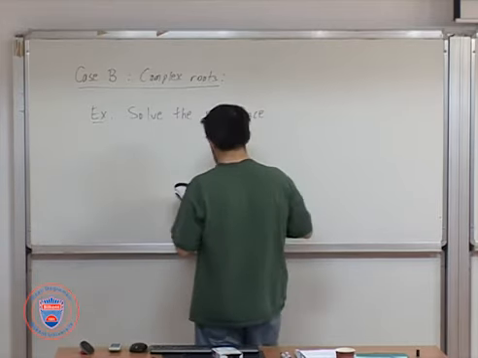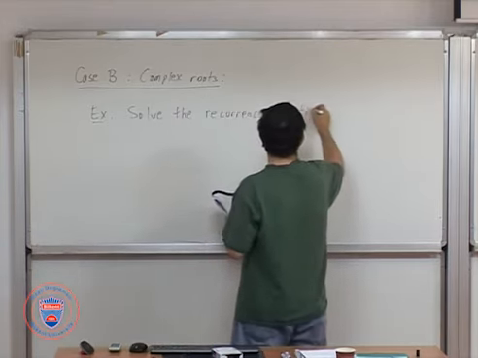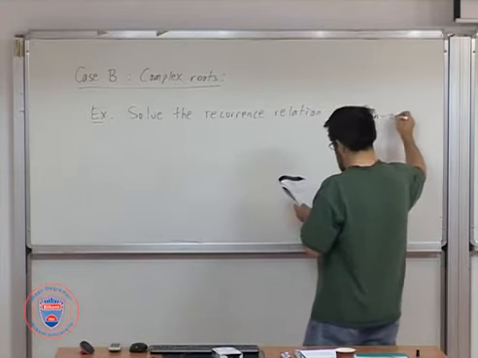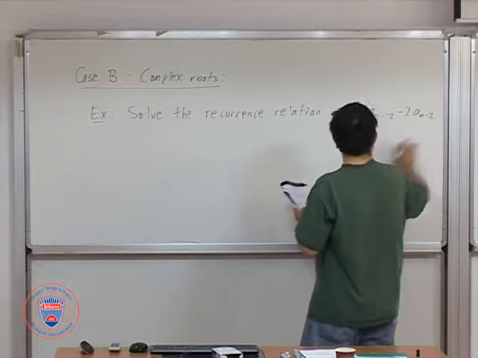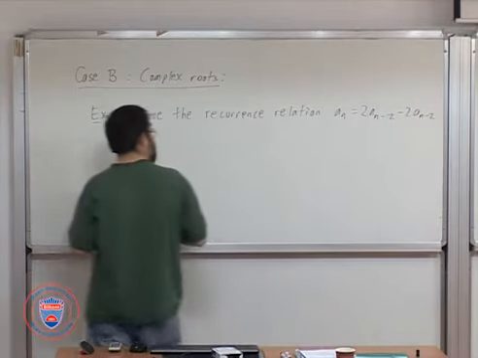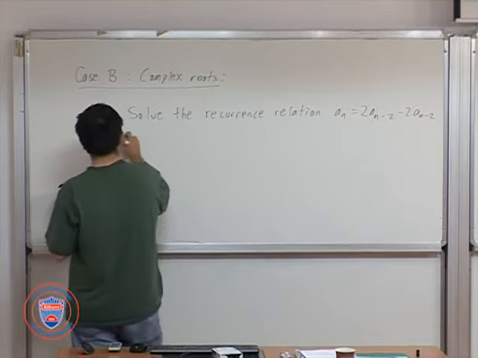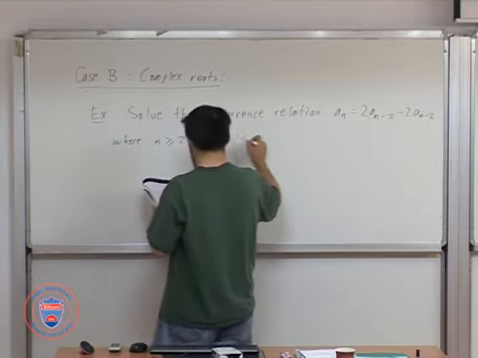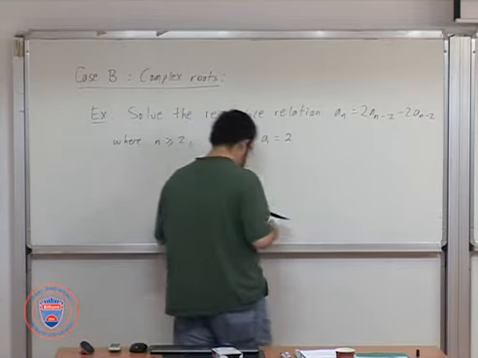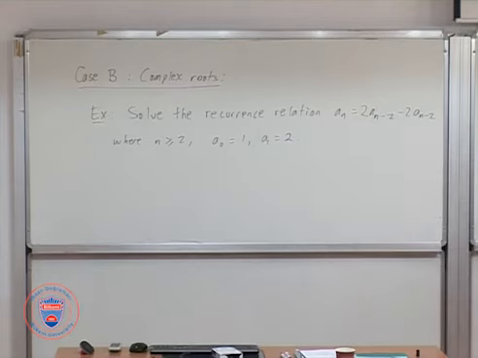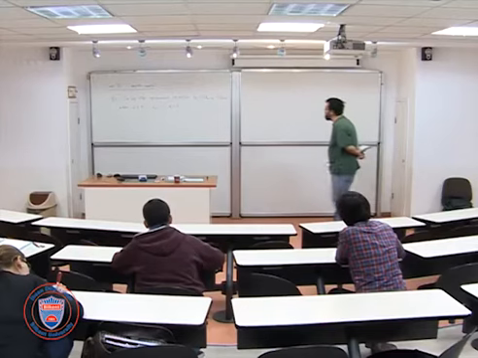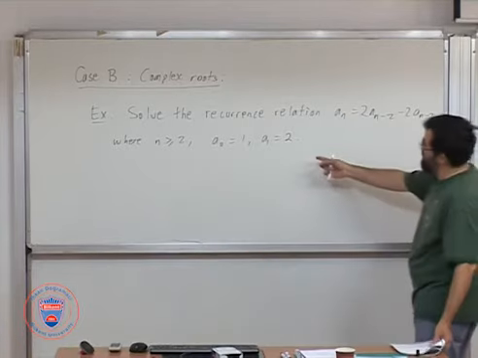Again, this is from Grimaldi. The recurrence relation a_n = 2a_{n-1} - 2a_{n-2}, defined for n bigger or equal to 2, with these initial values.